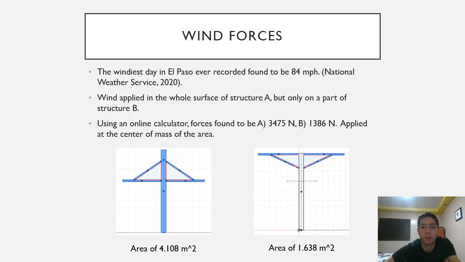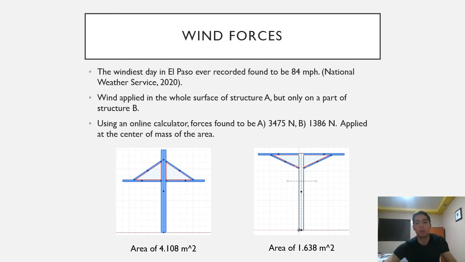Okay, the wind forces. After doing some research, it was found that the windiest day ever recorded in El Paso was 84 miles per hour.